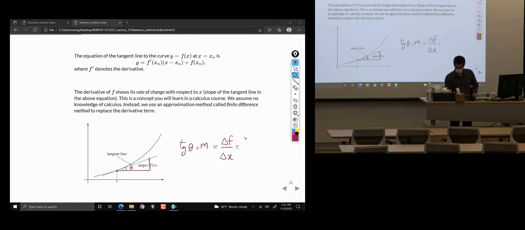Indeed, this is the approximation, picking two values, of something you will learn as the derivative.